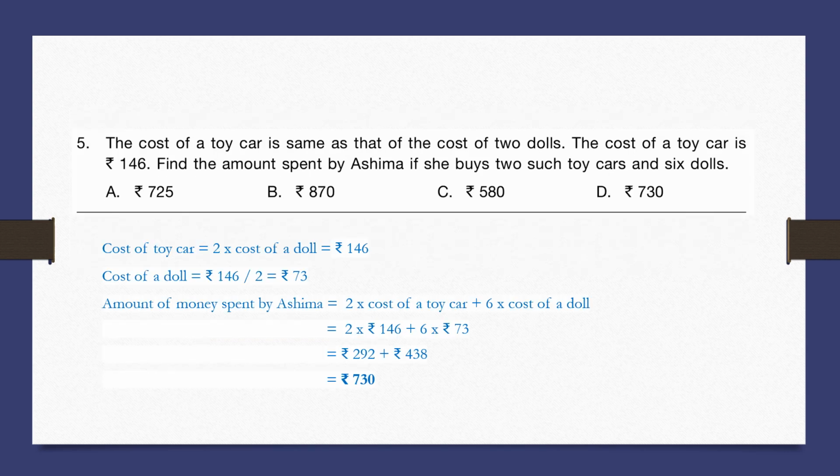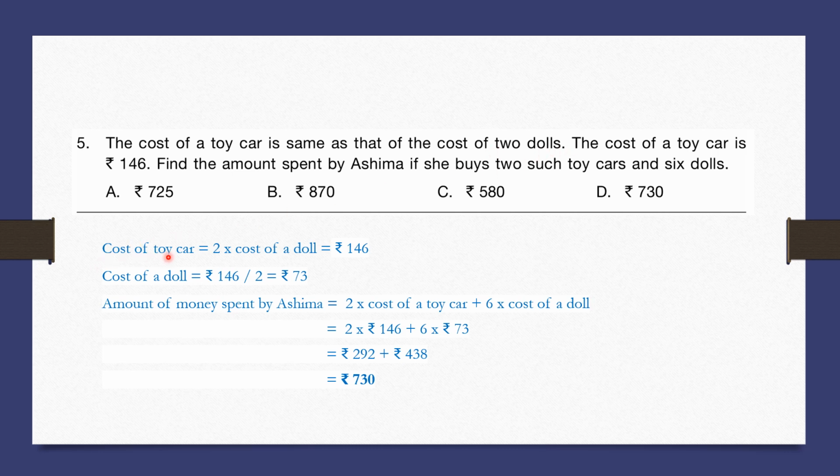Question number 5. The cost of a toy car is the same as the cost of 2 dolls. The cost of a toy car is rupees 146. Find the amount spent by Ashima if she buys 2 such toy cars and 6 dolls. So the first thing given is the cost of a toy car is the same as the cost of 2 dolls.